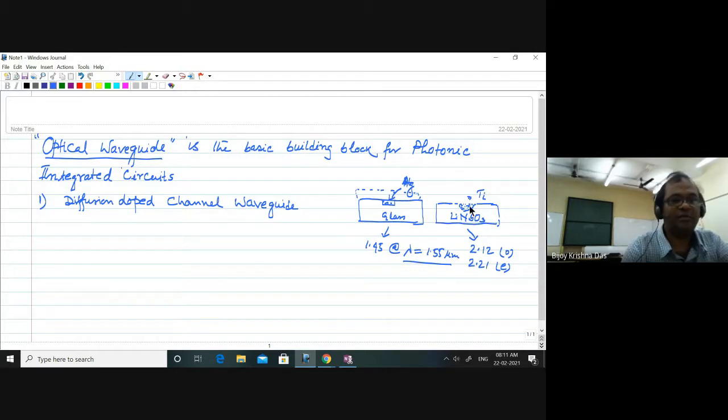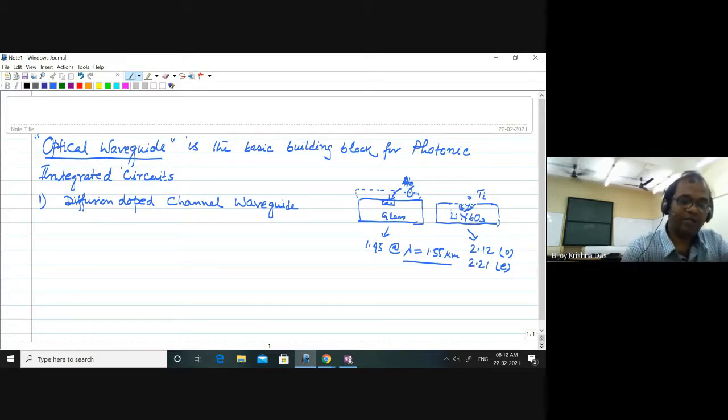Inside lithium niobate, titanium is normally incorporated in the form of titanium 4+ ions. When these titanium atoms are incorporated selectively in a selected region, depending on the titanium concentration profile, you see the refractive index change.